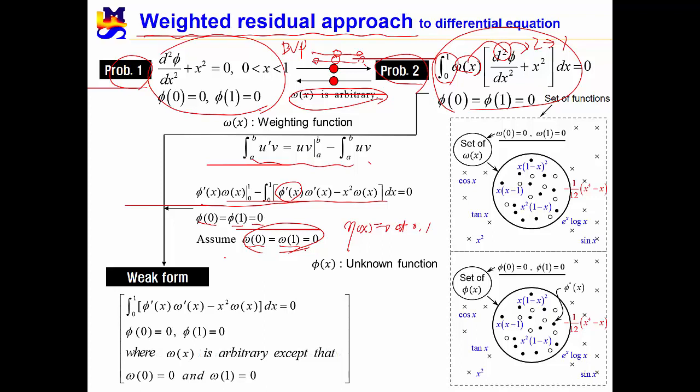Now, we obtain the weak form as summarized here. So the problem can be stated that the solution function belonging to the feasible function set should meet the weak form for any function belonging to the weighting function set, of which each element should have zero function values along the boundaries where essential boundary conditions are imposed.